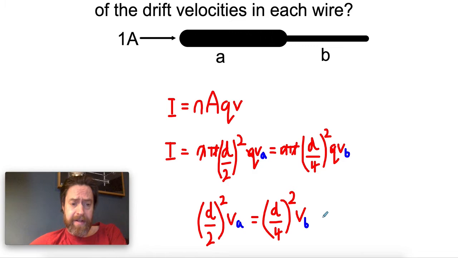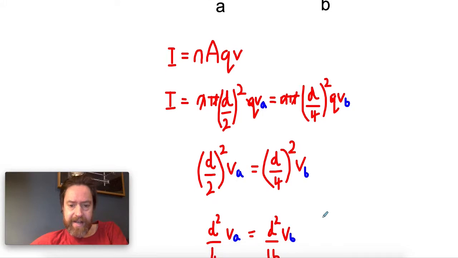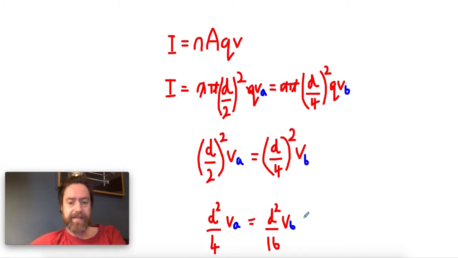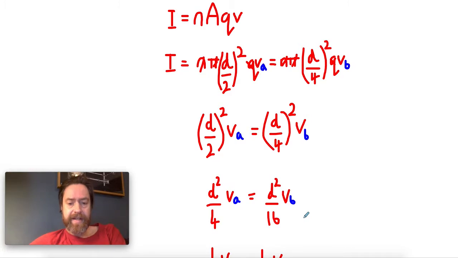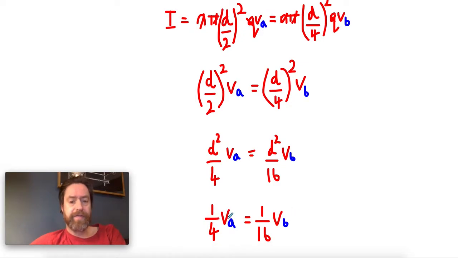And now, you're a lot younger than I am and you do a lot more maths than I do, so you probably find the next step much simpler than I did, but I'll step through it bit by bit. I expanded this out and I got d squared over 4 times VA equals d squared over 16 times VB. The d squares are on both sides, so they've cancelled. So I get a quarter of VA equals a 16th of VB.